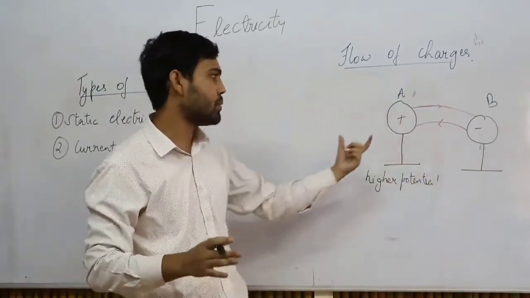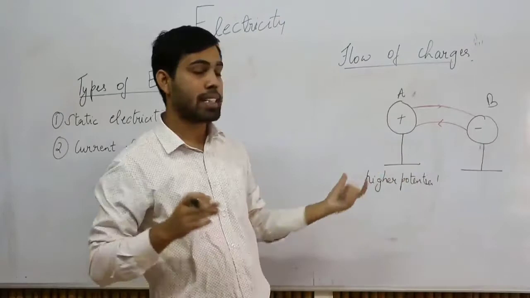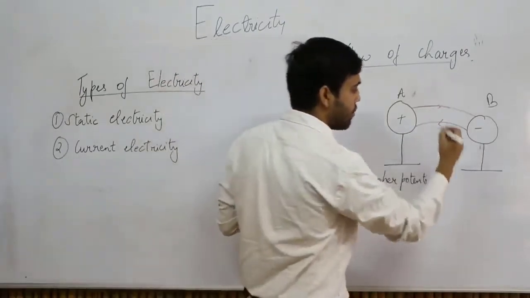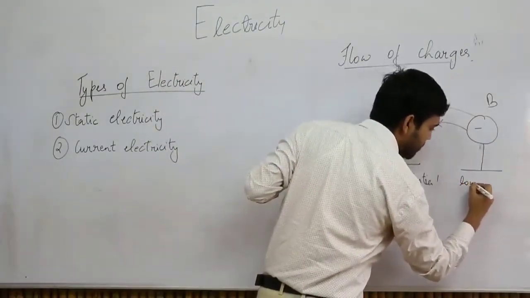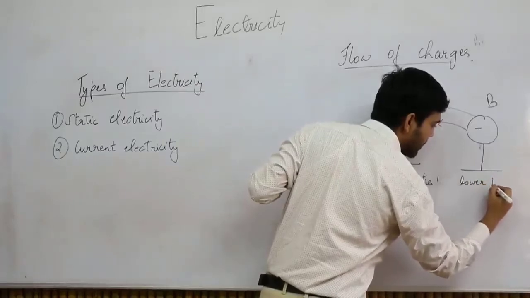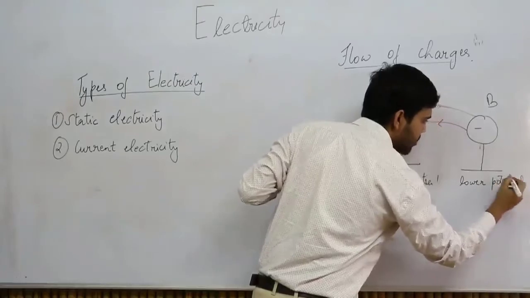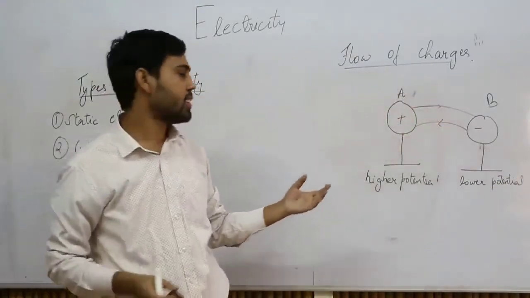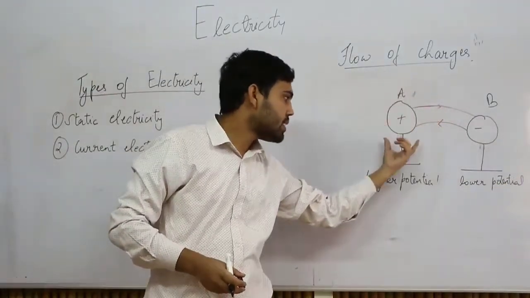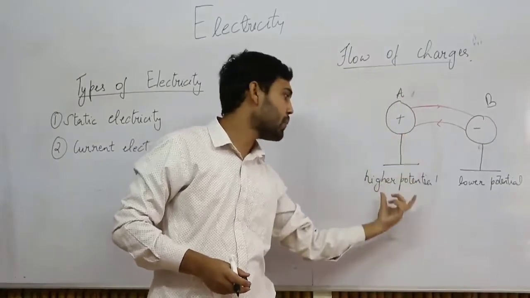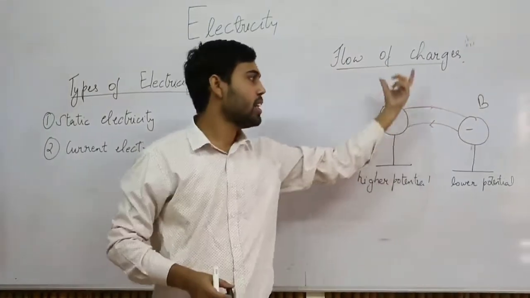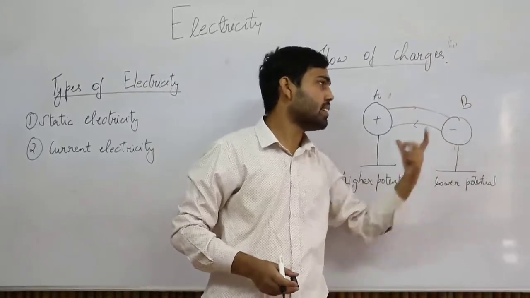I am repeating, this was just assumed, there was no proper experiment done. Body B was considered to be at a lower potential. So the scientists assumed that charges will flow from the higher potential, the positive body, towards the lower potential, the negative body.